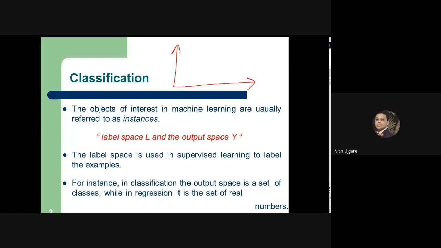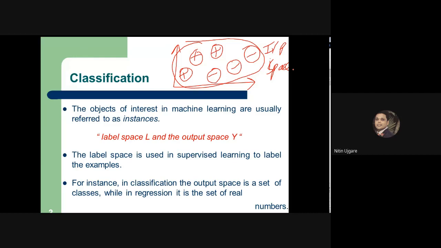For example, suppose these are the 6 instances in my training data set. These 6 instances form the input instance space.